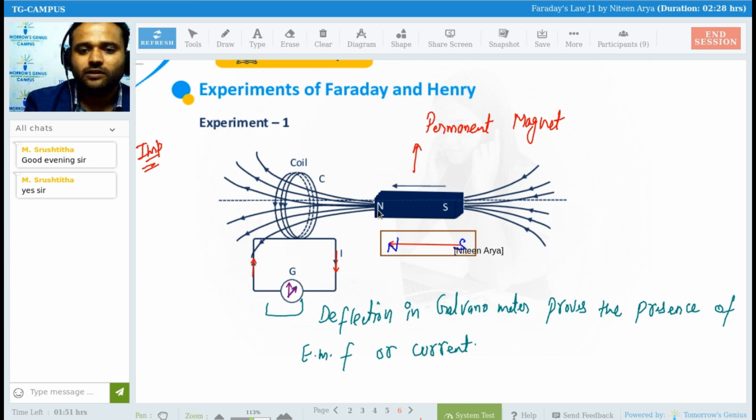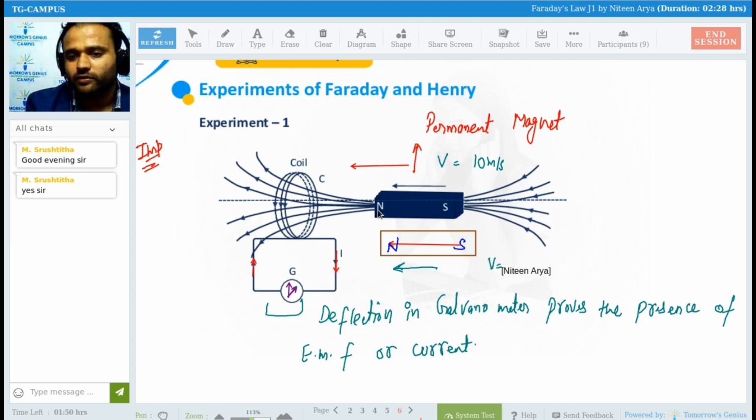This is north, this is south. If I move this particular magnet with a velocity of, you can say, 10 meter per second, and I am moving this, the relative motion for this magnet is going to be V equals 2 meter per second.